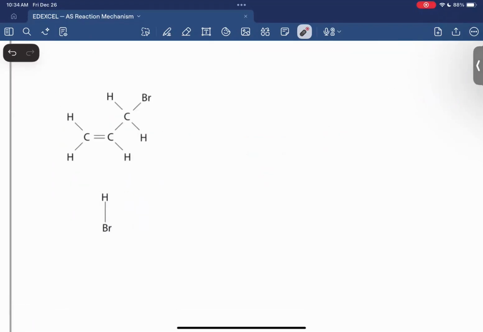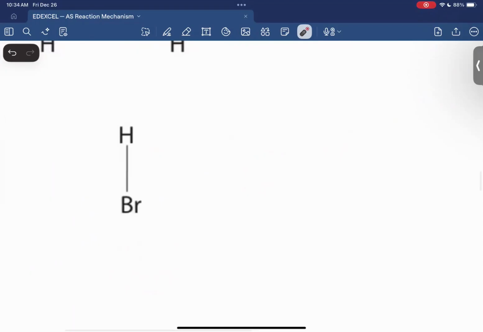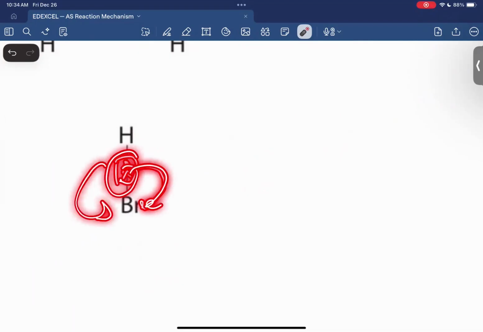Now, the case with this is a bit different. All of the halogens are electronegative. We all know this, right? So what basically happens over here is that one electron is given by this and another electron is given by this. Since bromine is more electronegative, bromine is going to pull this bonding pair of electrons towards itself.